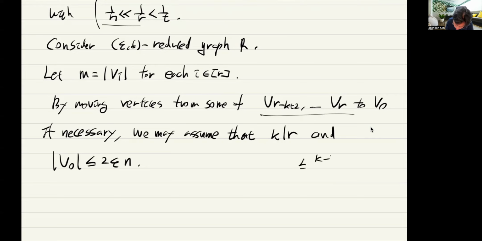At most (K minus 1) times 1 over R times n more vertices.